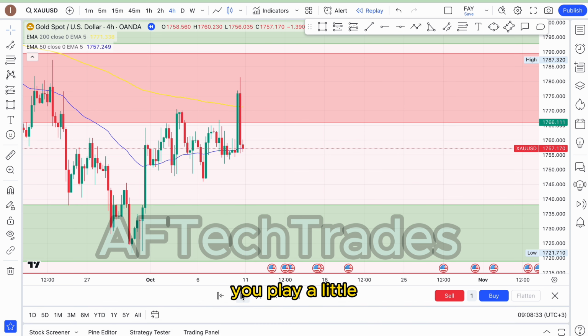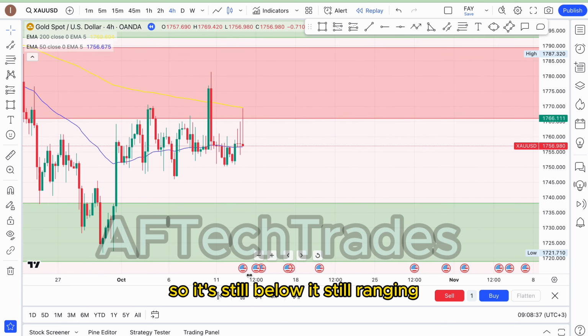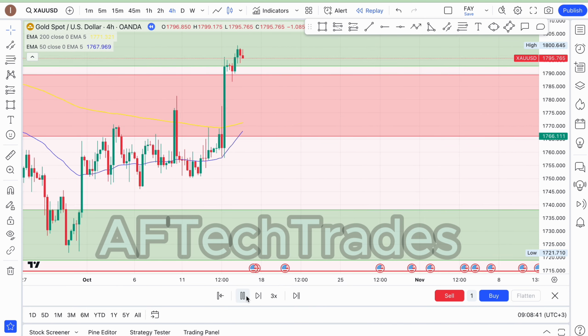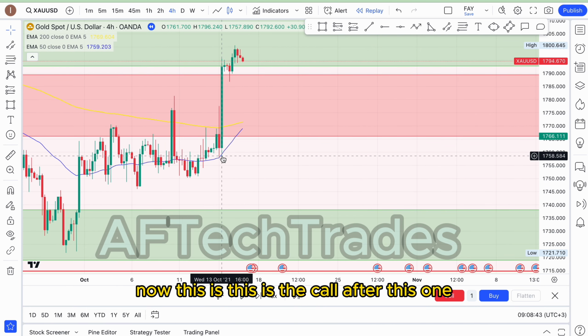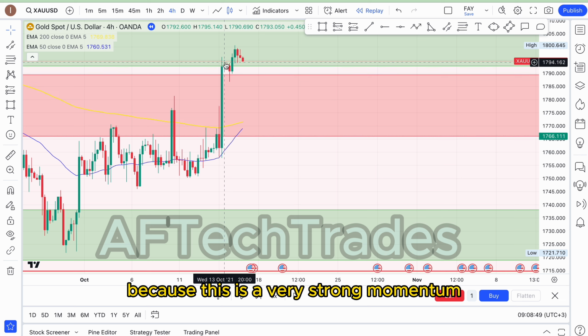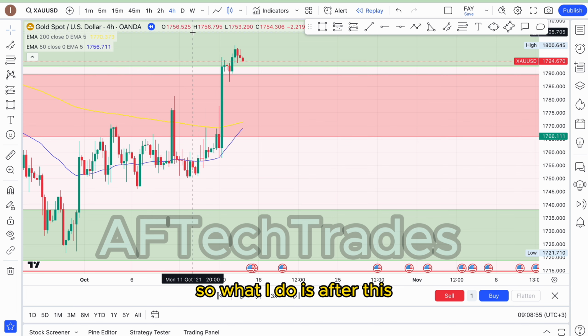Okay, you play a little, let's see, on the 4 hour time frame. So it's still below it, still a ranging market. Stop. Now this is the call. After this one, now I would have to place my buy, because this is a very strong momentum candle and this is the 4 hour time frame. So after this, I will place a buy.